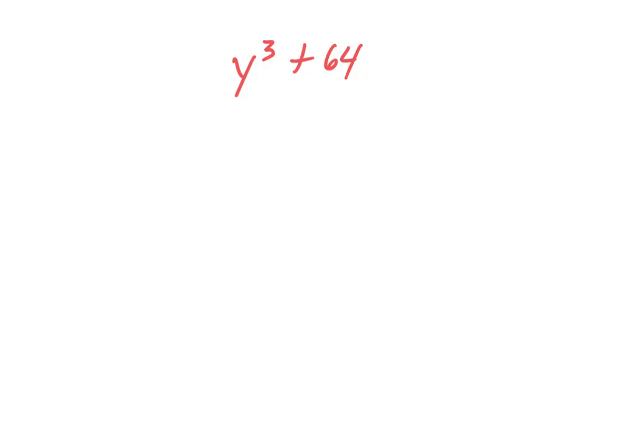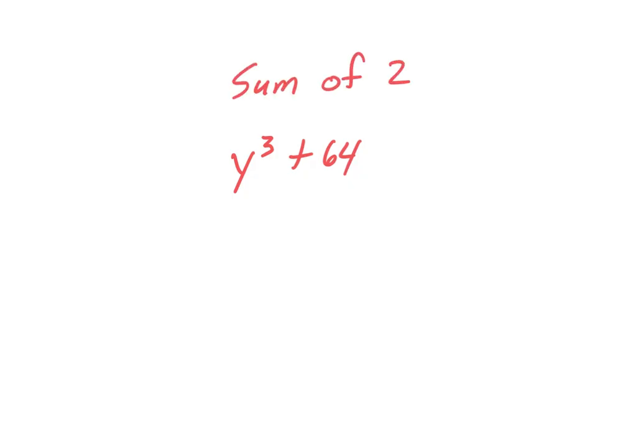It's different because of two things: it is cubed, and it's addition. So we call this one the sum of two cubes. It has an addition sign, and both of these are perfect cubes. If I took the cube root of them, they would be perfect cubes.